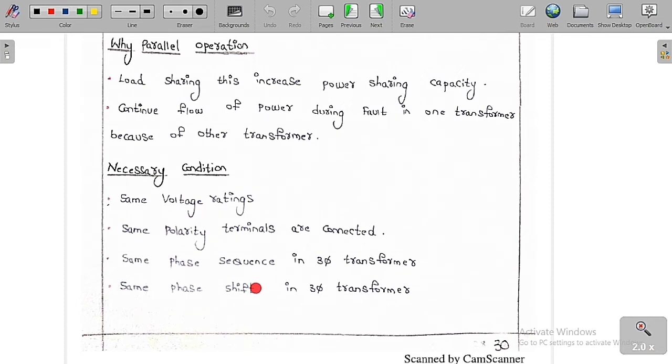I am repeating the necessary conditions: same voltage ratings for transformer A and transformer B, same polarity terminals connected for the primary and secondary, same phase sequence and the same phase shift. This is very much a necessary condition for the operation of three-phase transformers in parallel.